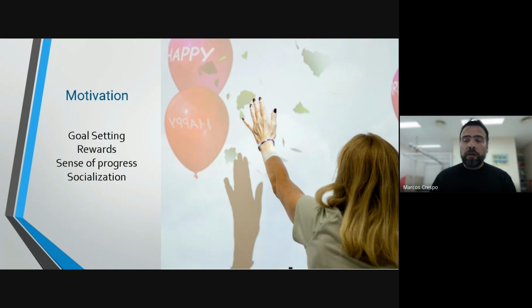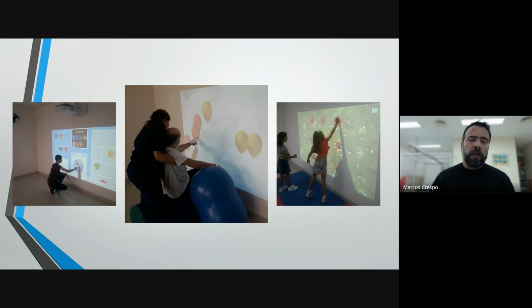And Nirvana also offers a very important feature, that is socialization, the possibility to work in the virtual environment with the therapist, and also with another person, like friends, family, or another patient in the same situation.